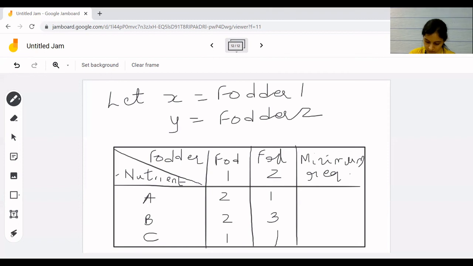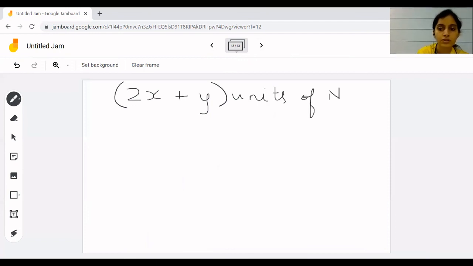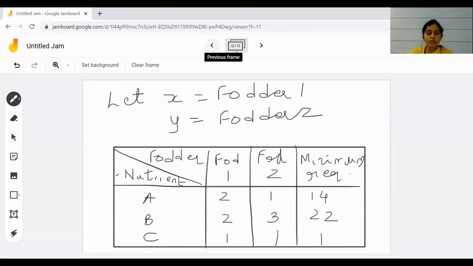The requirement is 14 units of nutrient A, 22 units of nutrient B, and 1 unit of nutrient C. From the table, fodder contains 2x plus y units of nutrient A. So fodder 1 gives nutrient A as 2x, and fodder 2 gives y, and the minimum requirement is 14.